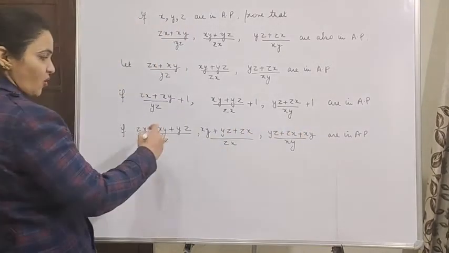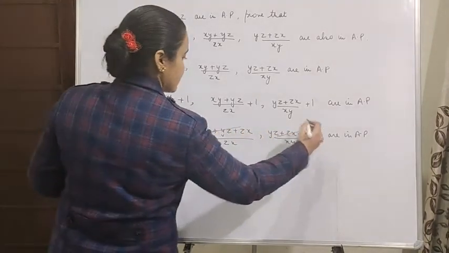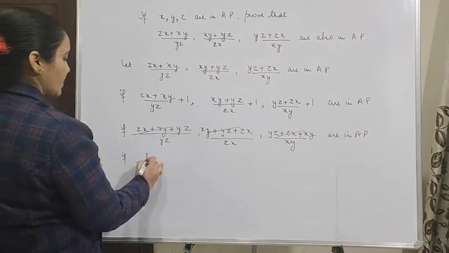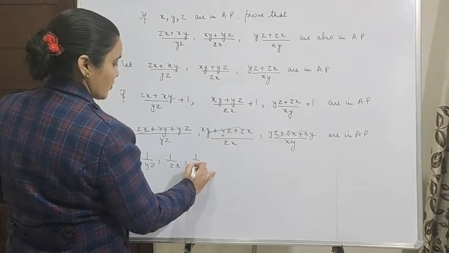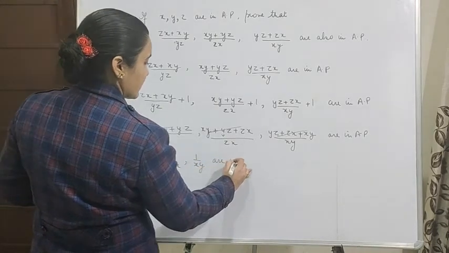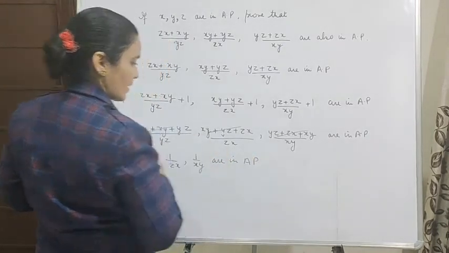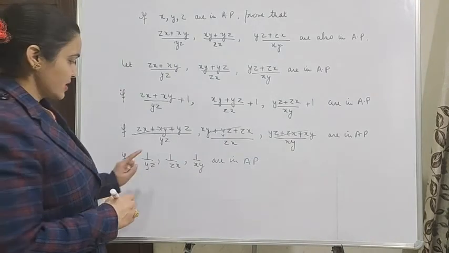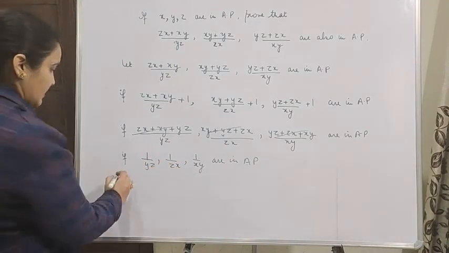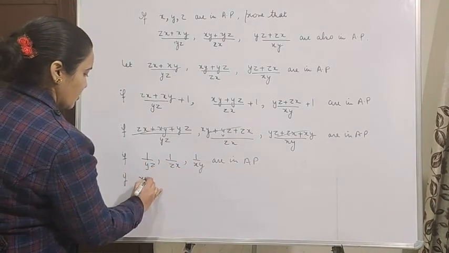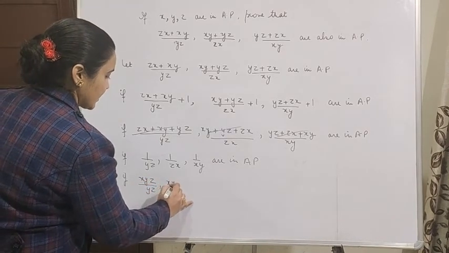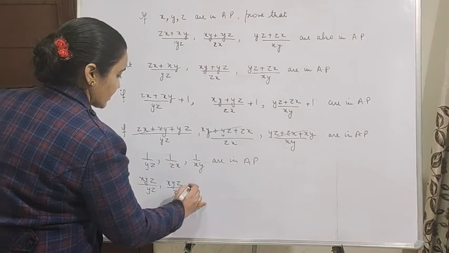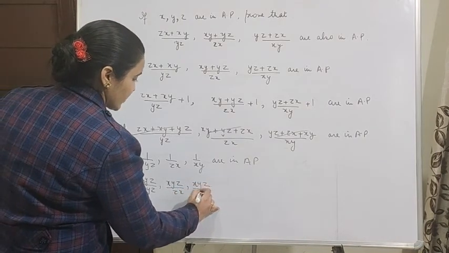Now dividing all these, this will cancel. So 1 upon yz, 1 upon zx, 1 upon xy are in AP. Now multiplying with x, y, z. This will also remain in AP because multiplying with the same constant cannot change the arithmetic progression.